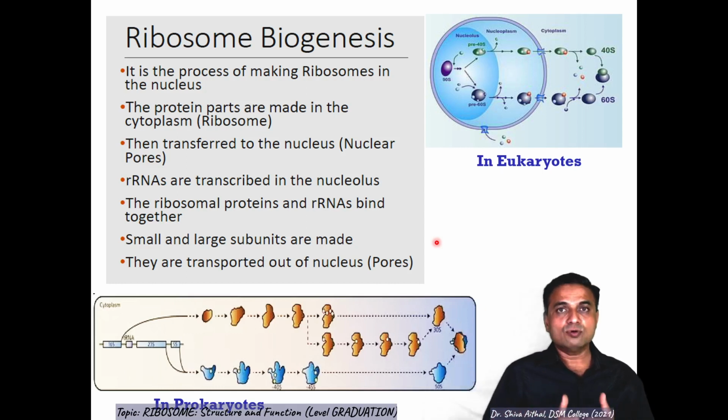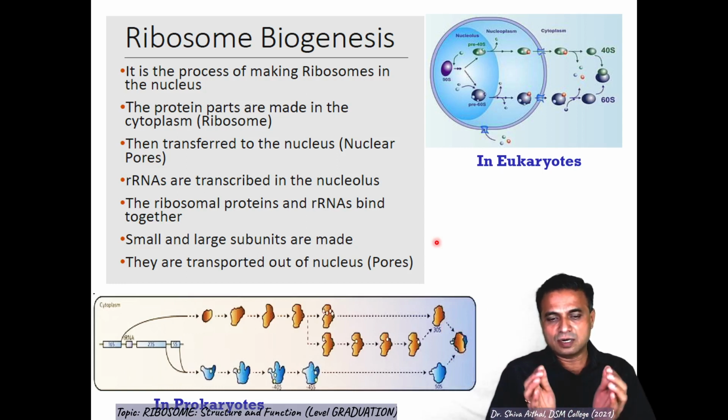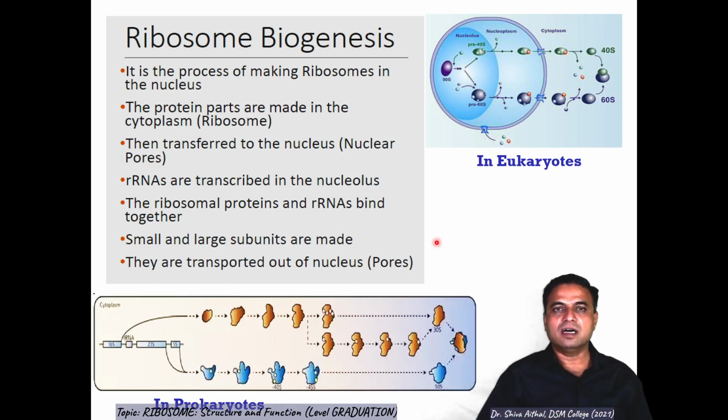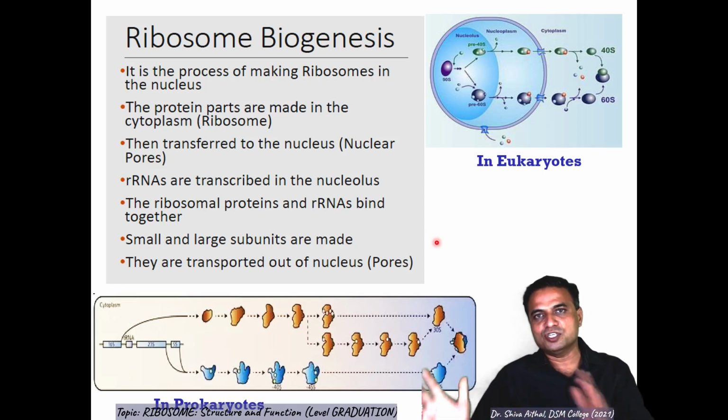But let us say, due to some accidental measures, the ribosome count of a cell lowers, then the cell has its own machinery to compensate the amount of ribosomes. They are resynthesized. Protein parts are made in the cytoplasm. As I said, it is a ribonucleoproteinaceous structure.